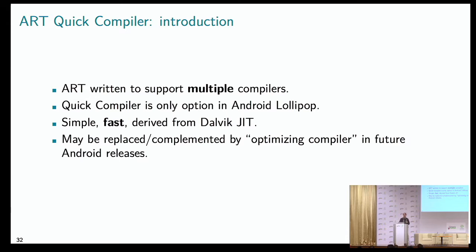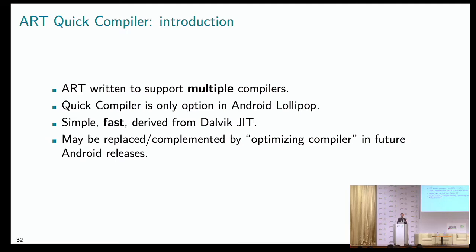The quick compiler is one of these compilers, but in Android Lollipop it is the only one you can use to run applications. It is simple, it is fast in the sense that it can generate hundreds of megabytes of native code in the matter of minutes. And it is derived from the Dalvik just-in-time compiler. So if you're familiar with the Dalvik just-in-time compiler, you will be familiar with the Art quick compiler code base.